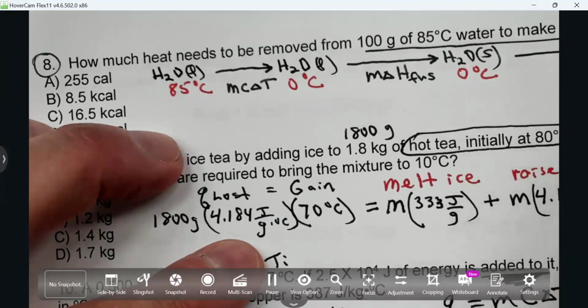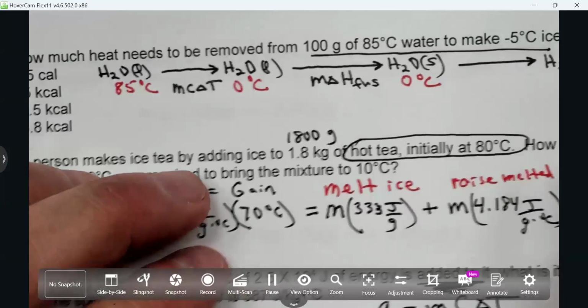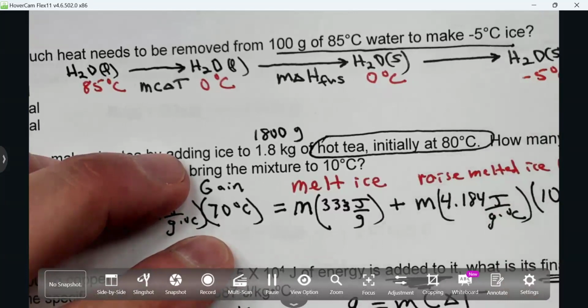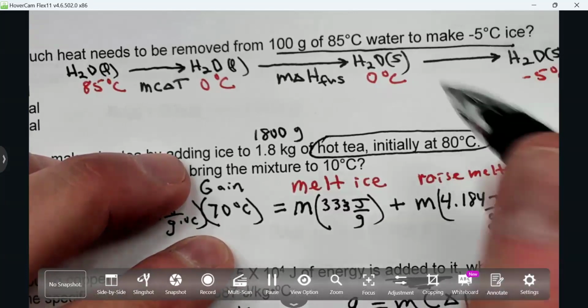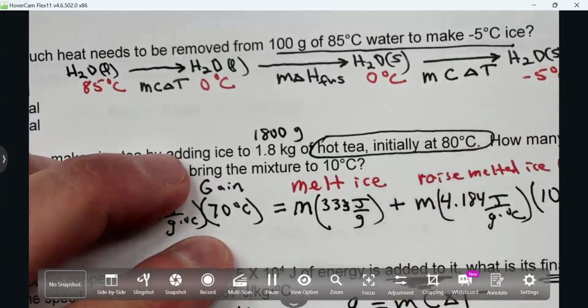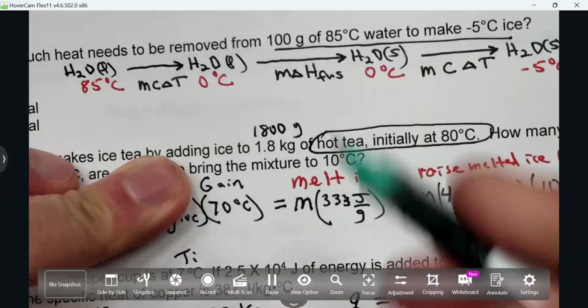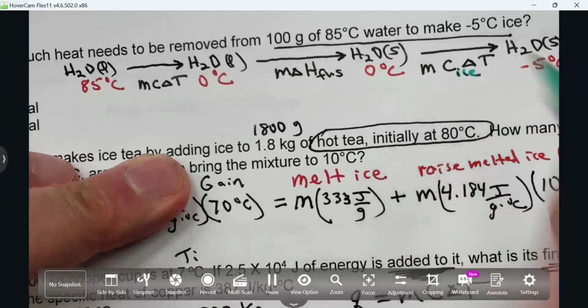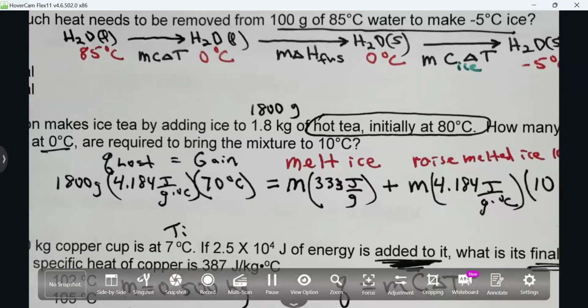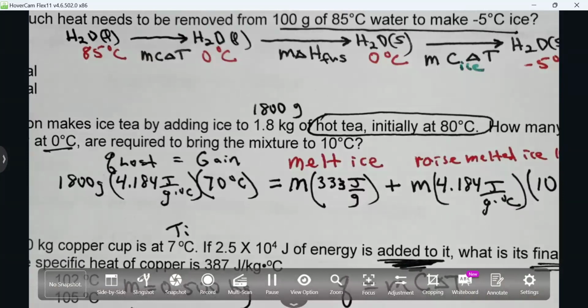So we're still going to have H2O solid, and that's going to be MC delta T. We know that this, though, has to be the specific heat of ice right there, right? So you'd have to add those three up.